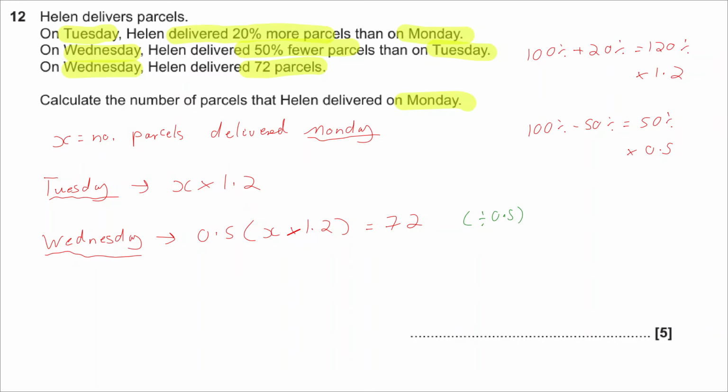So I can say that x times 1.2 is equal to, now if you divide 72 by half, you actually double it. Because if you think about it, 0.5 goes into 72 144 times. So some number times 1.2 gives you 144. I'm now going to divide both sides by 1.2.